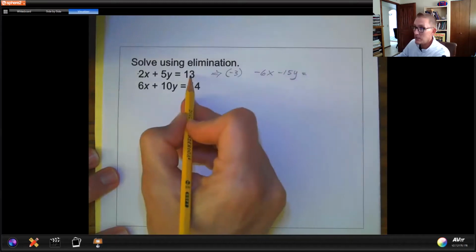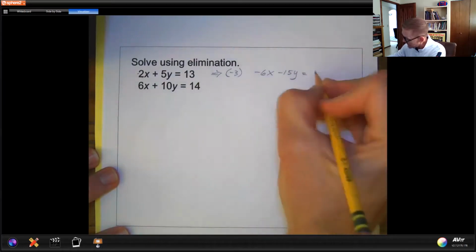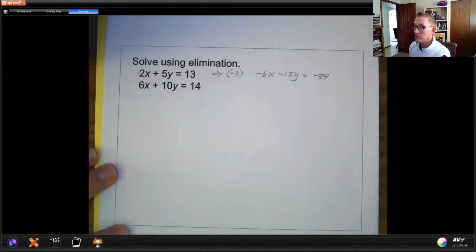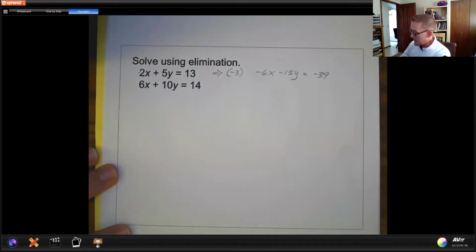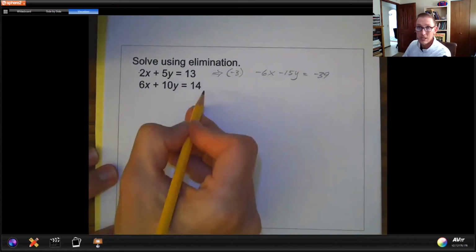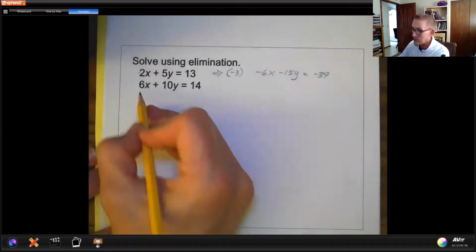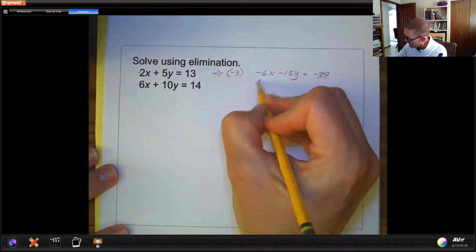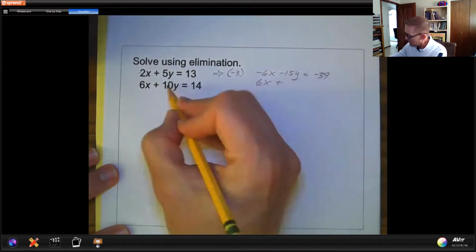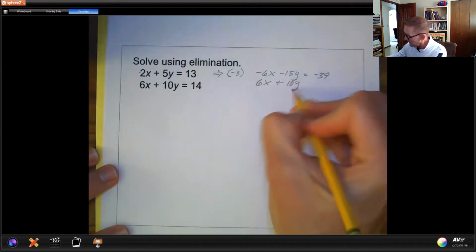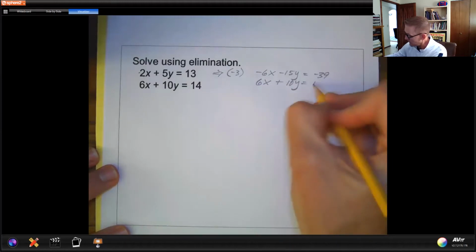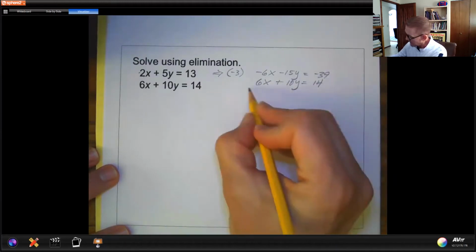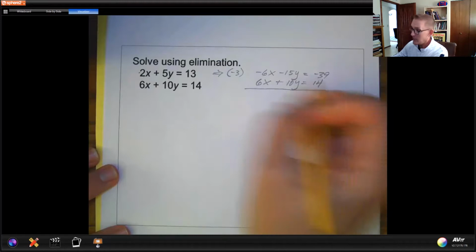And 13 times -3 is -39. And then this one, I'm not going to do anything with it. I'm just going to leave it alone because then the x's will cancel out. So let's just bring this over here. So this is +6x plus 10y equals 14.